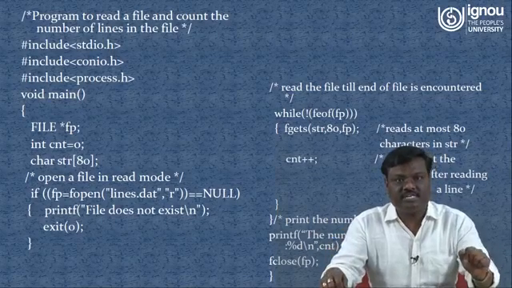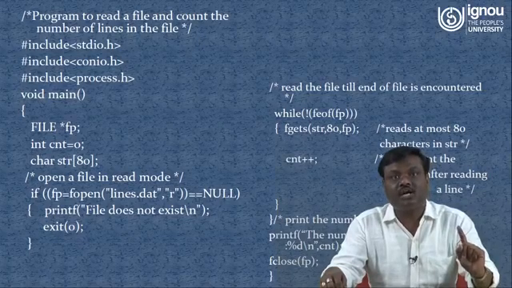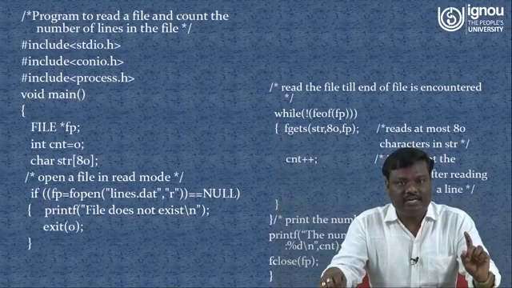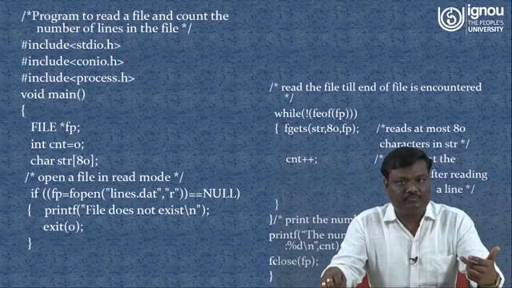As you can see, fp is a file pointer over here, and we are initializing the counter with 0 value, and then the character string str has been assigned a size of 80. We are trying to open the file in read mode. Why?